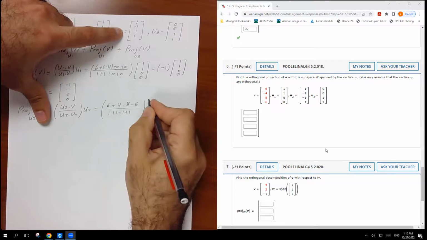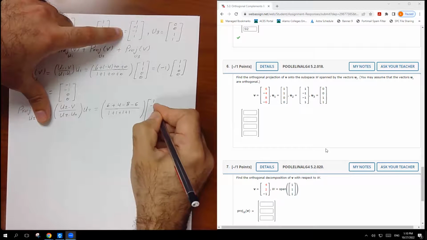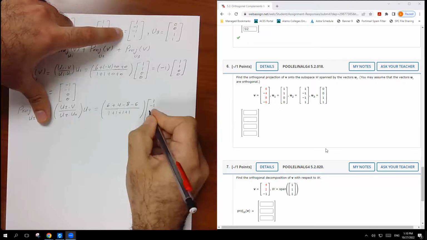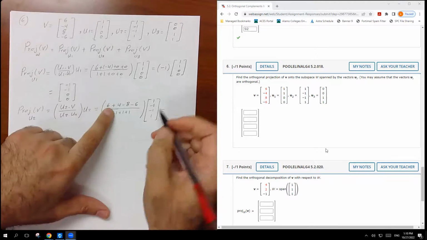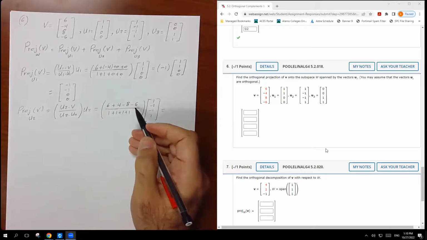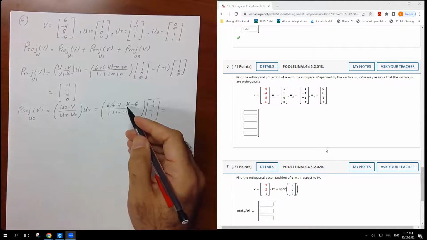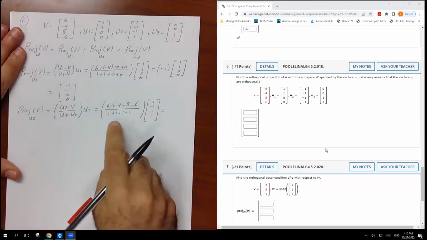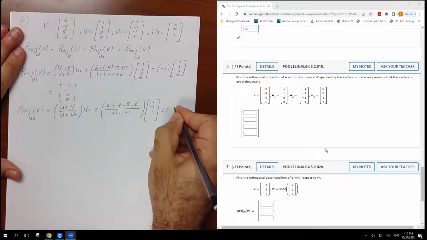And here is U2, which is 1, -1, -1, 1. And this one equal 6 minus 6 is going to cancel. And it's going to be only -4 divided by 4, which is -1.